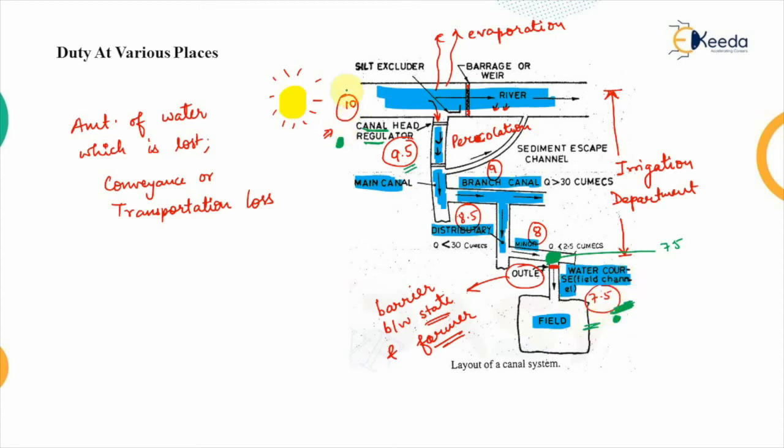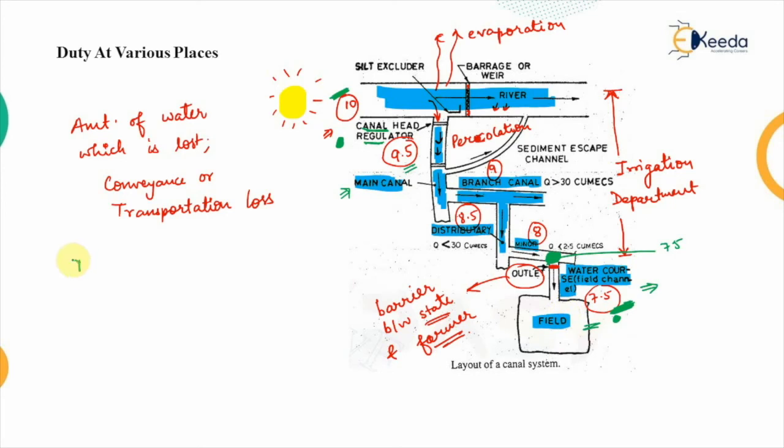But if you supply 10 units of the water, the amount of water which will be reaching will be 7.5. That means the duty at the canal head regulator, or at the head of the main canal, will be the least, and it will be highest at the entrance of the field.